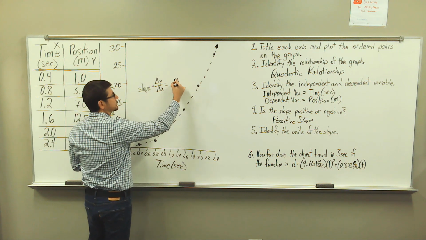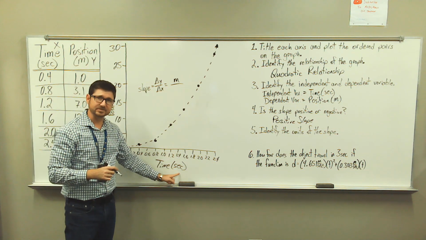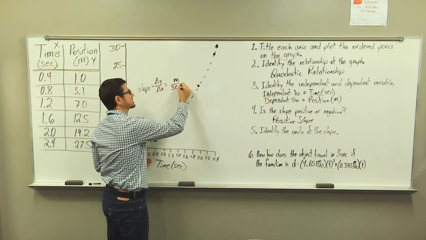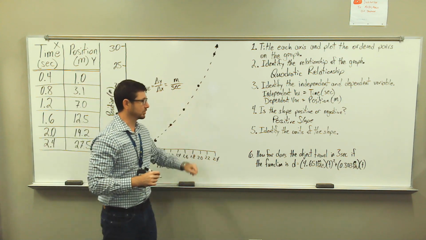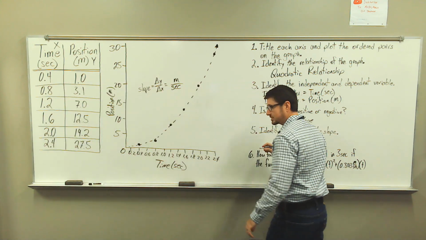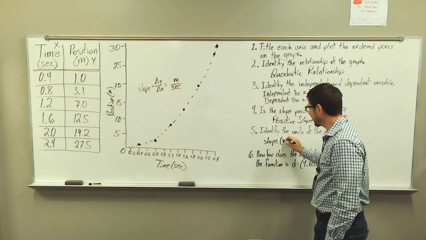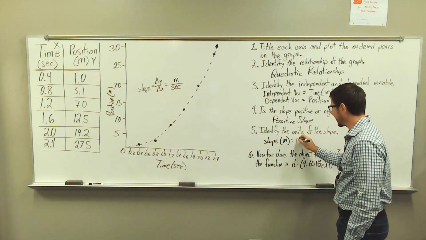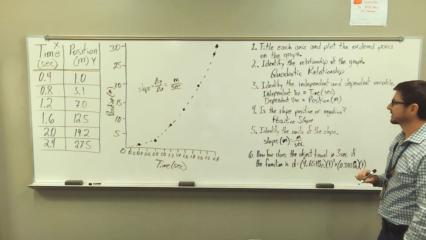So we've got meters divided by our change in x. We have units of seconds, so meters per second, and these units cannot cancel out. So the units of the slope are meters per second. So slope, identified by lowercase m, has units of meters per second, okay?